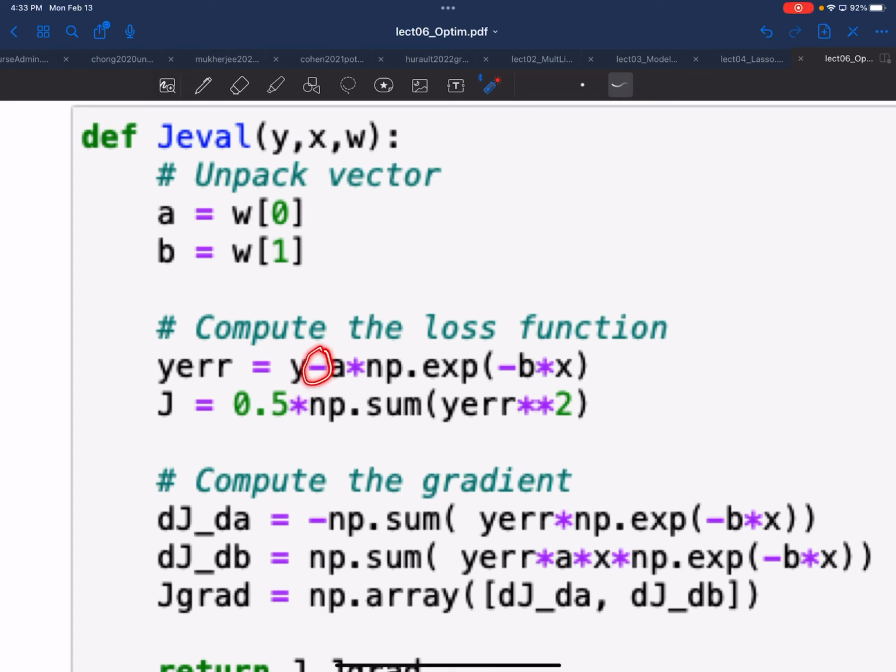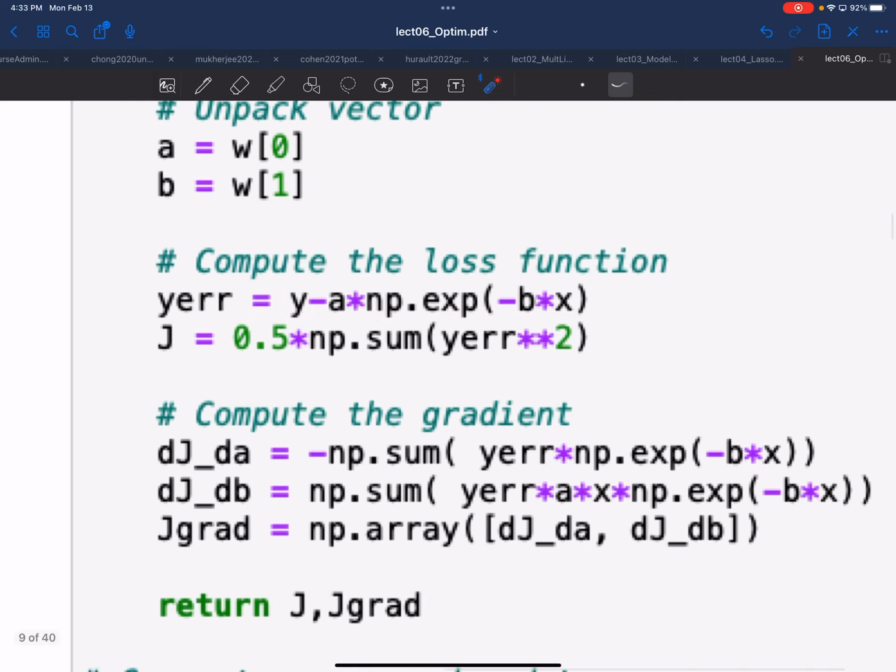So this one is going to subtract a vector from another vector. So that would be a pointwise minus. And then over here, this is going to be a vector. This is also going to be a vector, so this is going to be a pointwise multiplication. This is going to be scalar times a vector. But then this whole thing is a vector that's pointwise times this vector. So it just does that automatically? Yes, exactly.